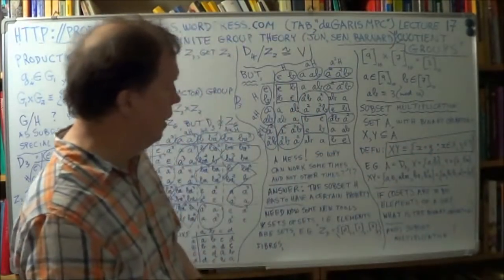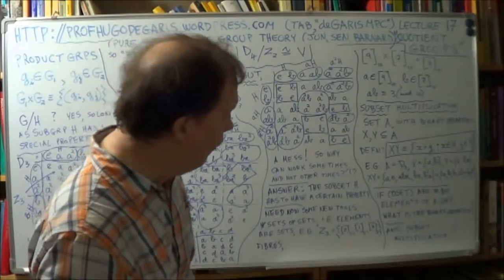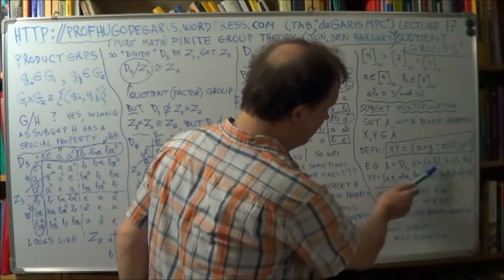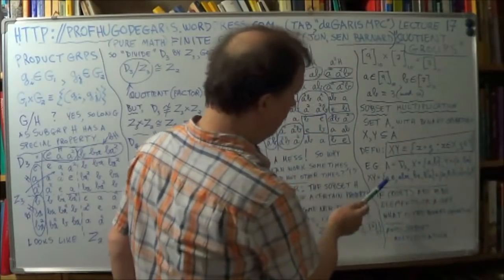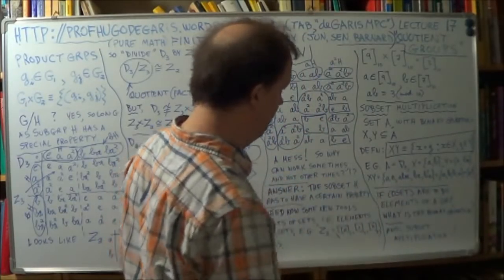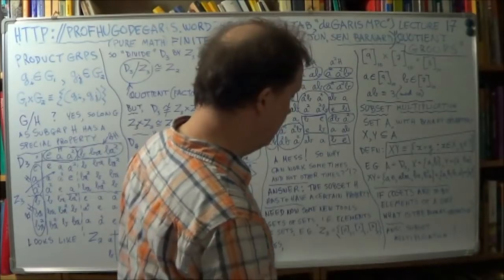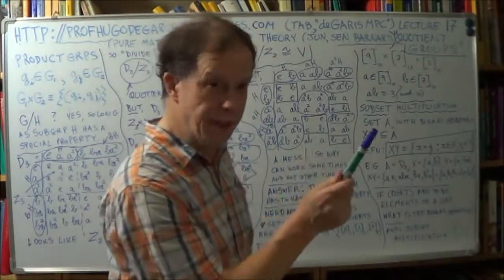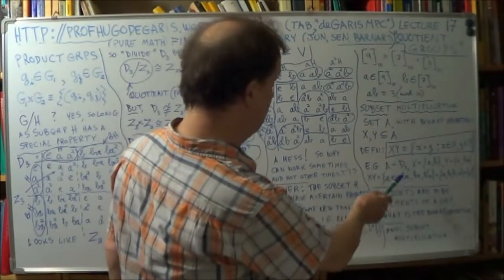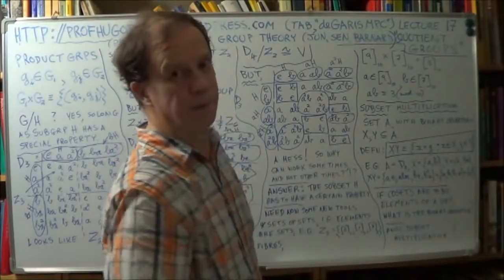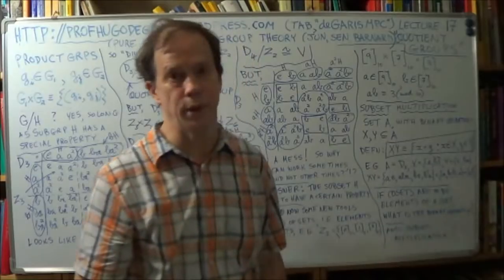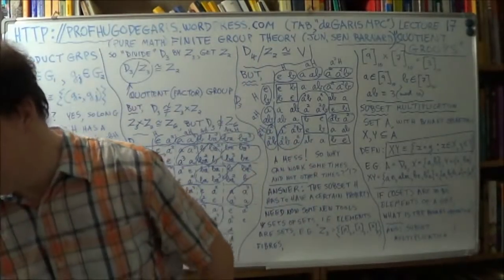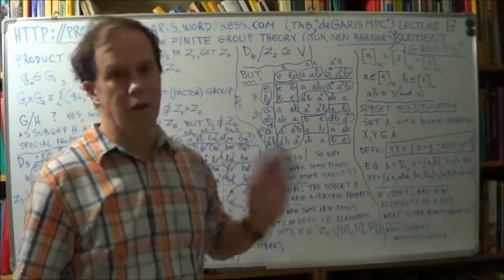In fact, well, you know, these are subsets of the group D3, right? So the binary operation for cosets is subset multiplication. Right? Now I've run out of board, so we'll continue on after I redo the board.